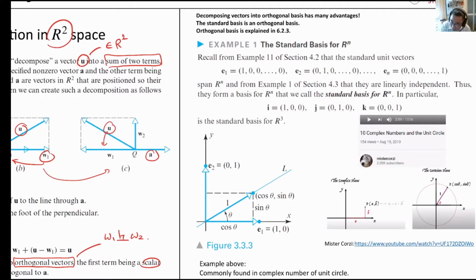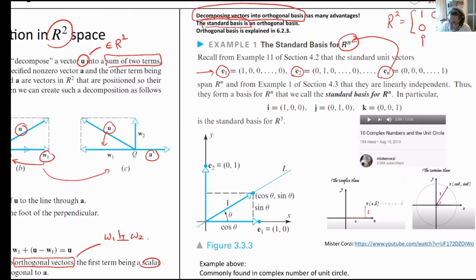You will realize that we like to decompose vectors into orthogonal bases. We'll revisit this term orthogonal basis later on, but you are very familiar with something called the standard basis. The standard basis of Rn is nothing but a set of vectors E1, E2, up to En, where this small little n is the same as this. And in our R2 case, these two vectors are (1, 0) and (0, 1).